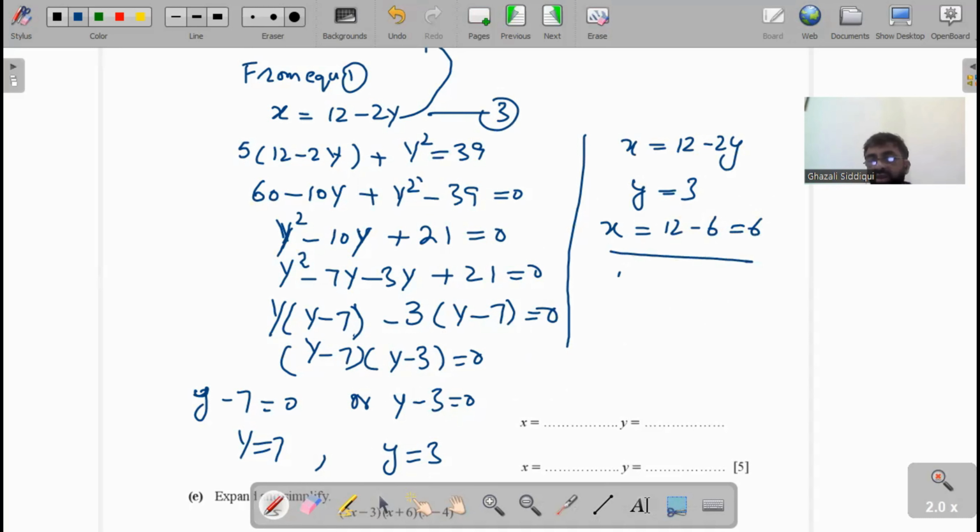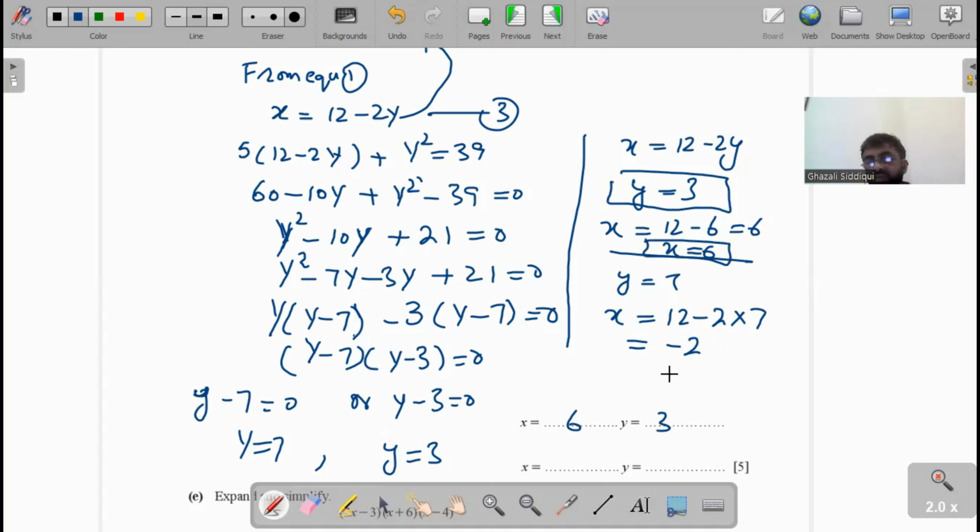And similarly, when y equal to 7, then x equal to 12 minus 2 multiplied by 7, we get 12 minus 14, which is minus 2. Therefore, y is 3 and x equal to 6. We write it as 6, 3, and in the second case x equal to minus 2, y equal to 7.